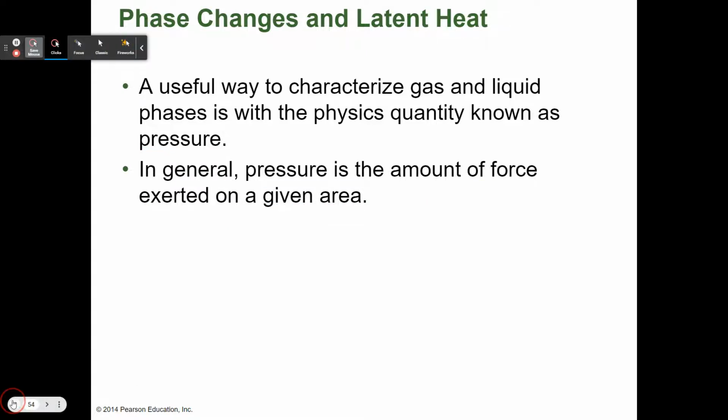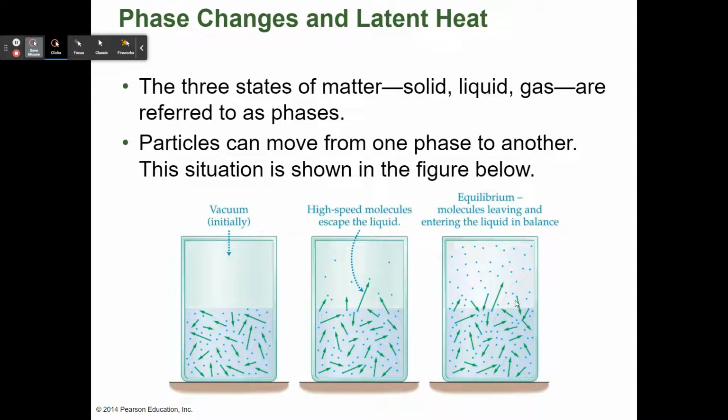to that diagram again, in this particular container, we have more of these gas particles here. So that means they're going to be hitting the walls of that container and the top of that liquid with a higher pressure because they're going to have more force per unit of area.